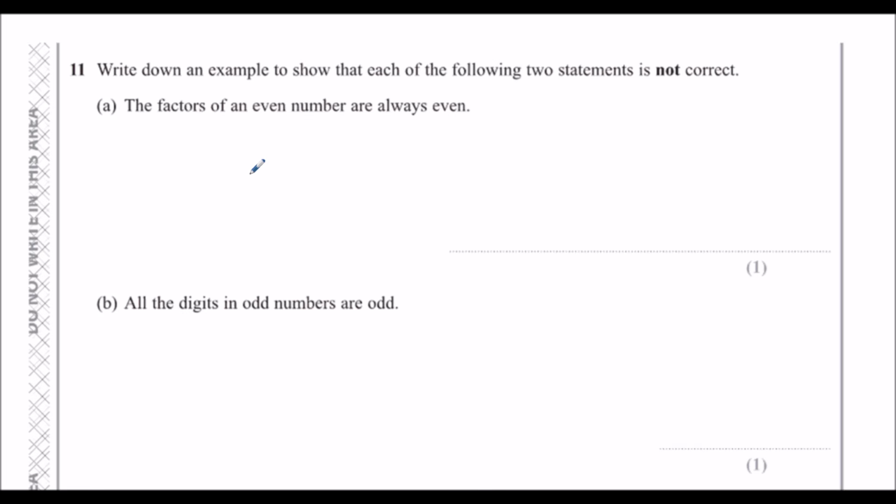Well, I guess we can pick all even numbers for this. I'll pick an even number as 20, and 20 is 5 times 4. So 4 is even, but 5 is odd. So 5 is a factor of 20 and it is odd.